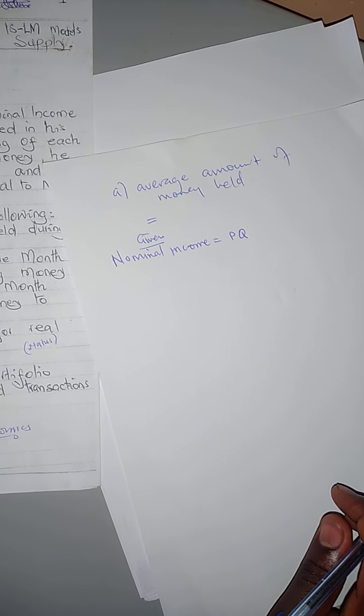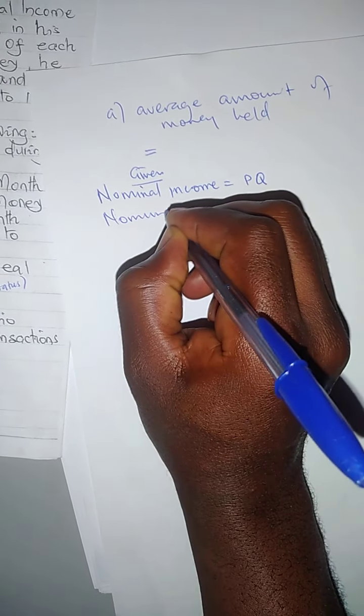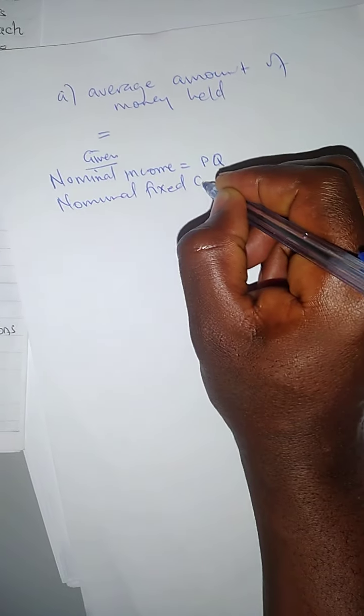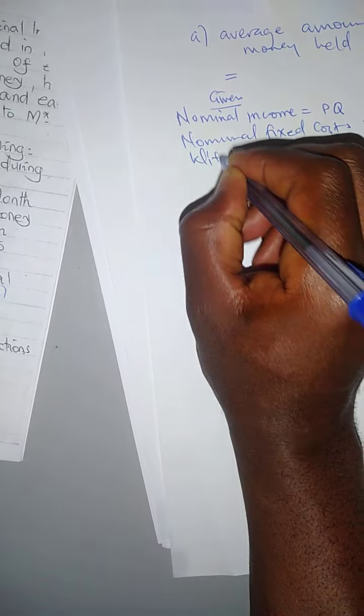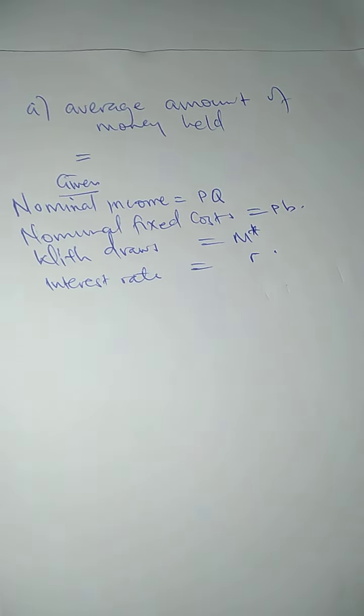Each time he withdraws money, he incurs a nominal fixed cost, so nominal fixed cost is equal to PB, and each time he withdraws an amount equal to M star, at an interest rate equal to R. Okay, that's what we are given.